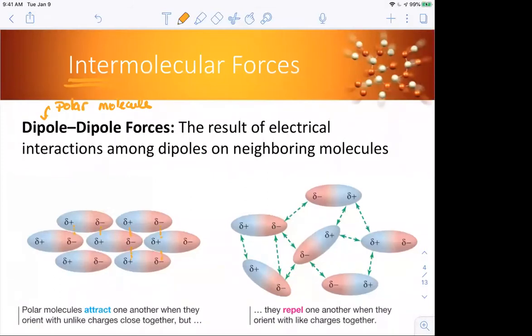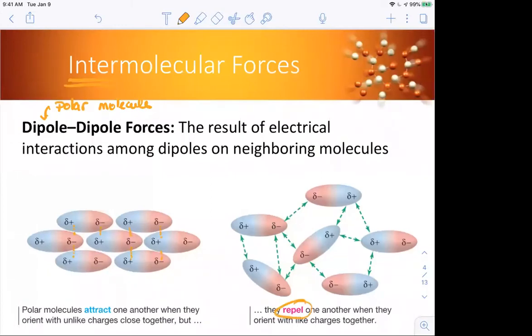So here I'm maximizing those opposite charges. These molecules have an attractive force between each other, which is electrostatic in nature, because the partial positive parts of the polar molecule are going to orient so that they're close by to the partial negative parts of another polar molecule.